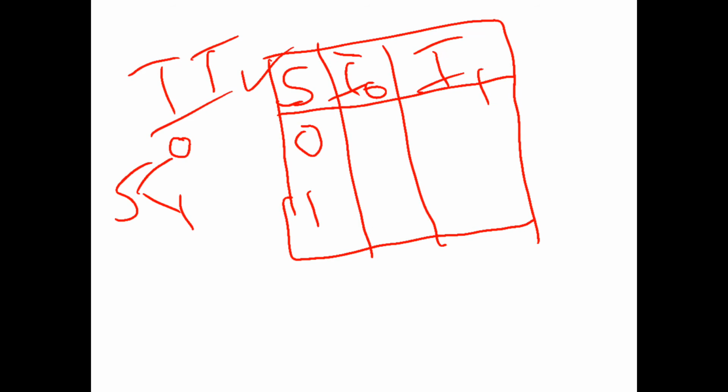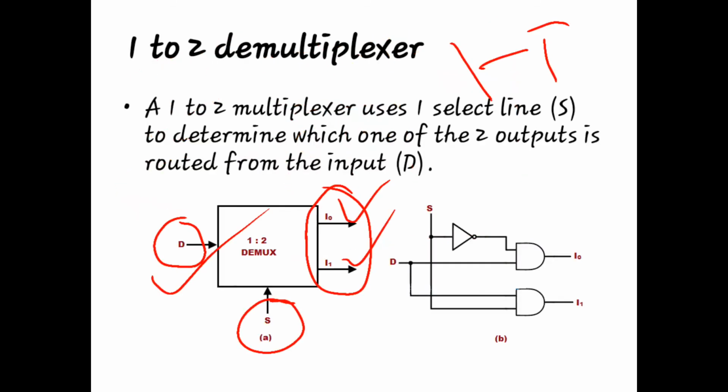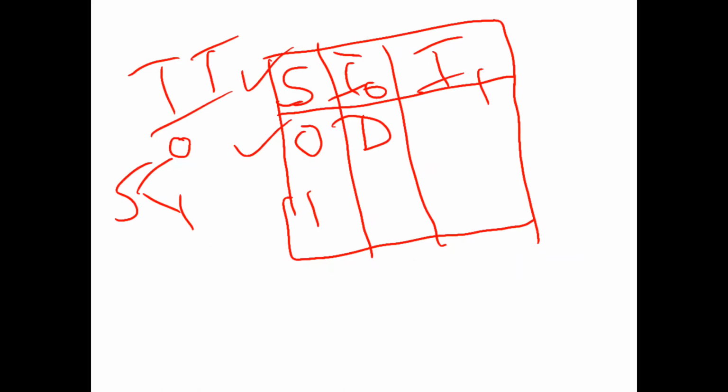When the value of this select line is 0, then the given input, as per this block diagram, D, will be directed to the output line I0.